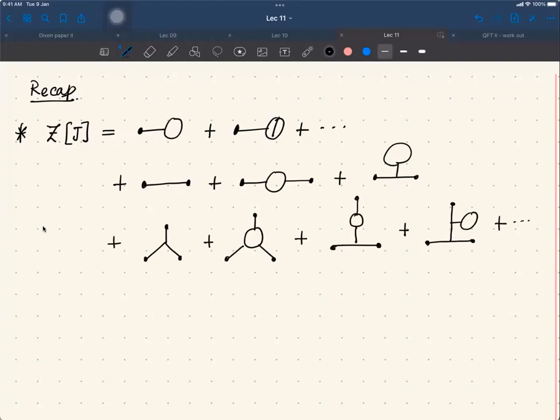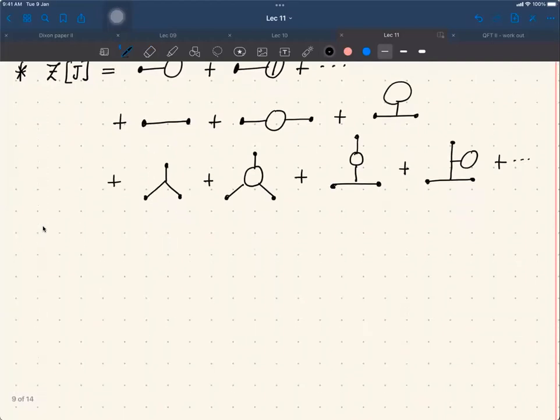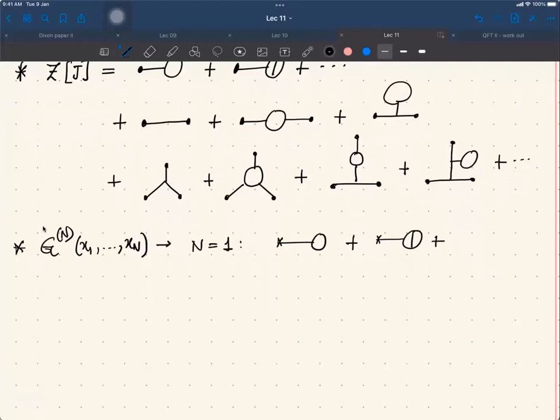and so on. If you calculate the Green's function Gn, which has n space-time coordinates as its argument, then at n equal to 1, we have these diagrams and so on.